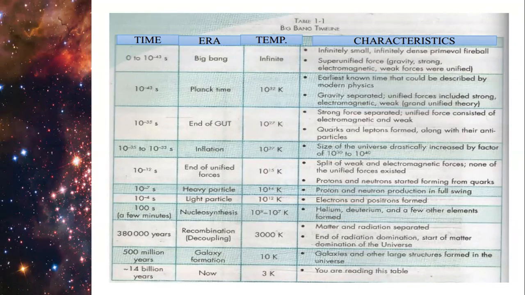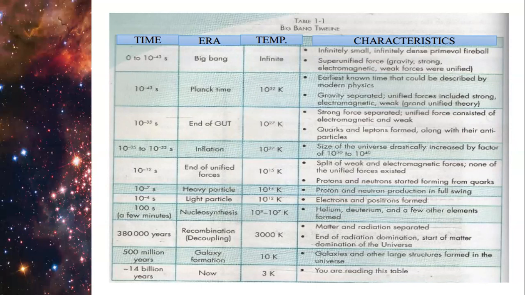In the end of Grand Unified Theory era, or the end of GUT era, that is 10 raised to the negative 35 seconds later, the temperature dropped to 10 raised to 27 Kelvin. In this era, strong force separated from the unified force. Further, quarks and leptons begin to form.